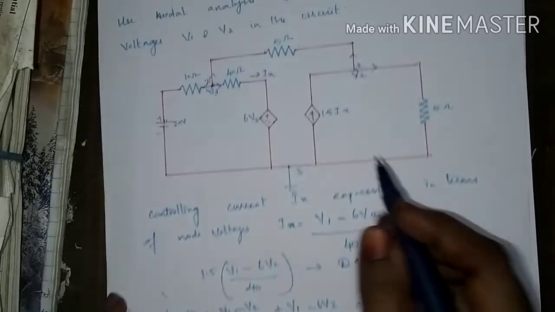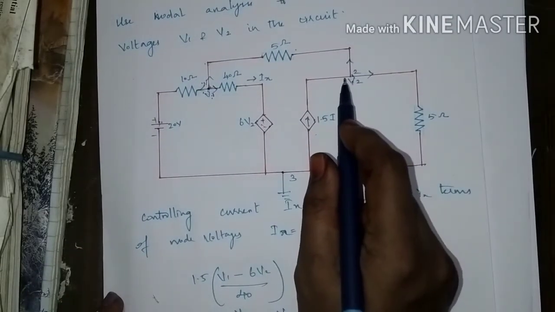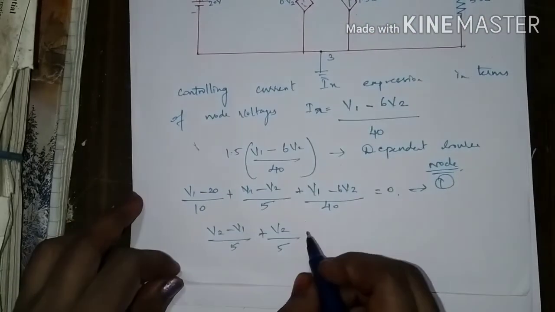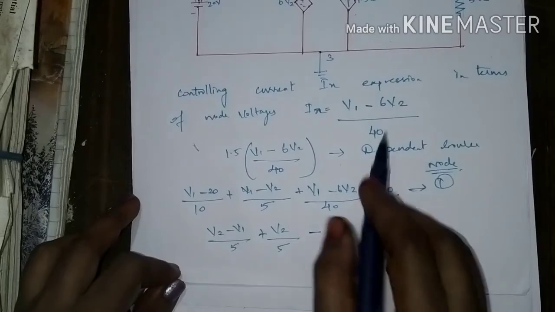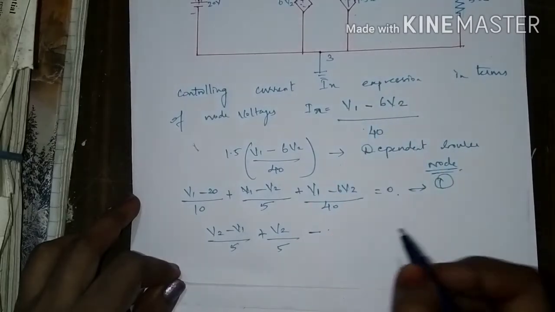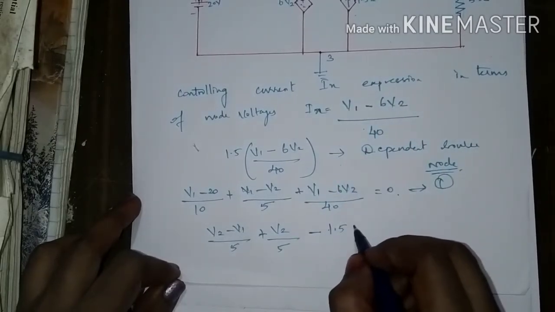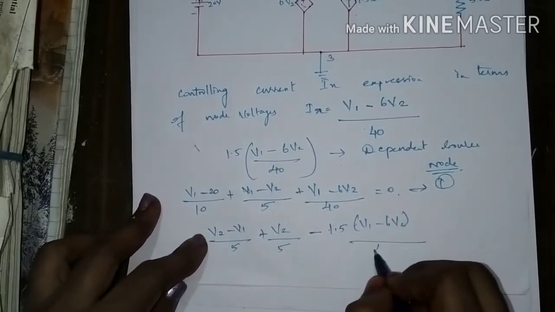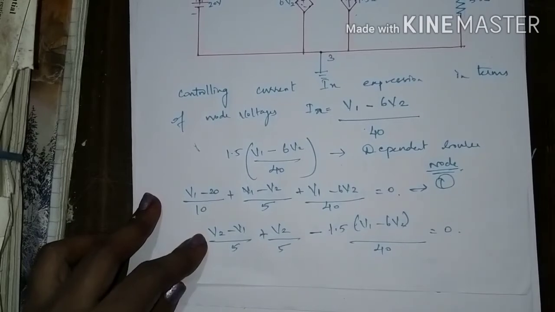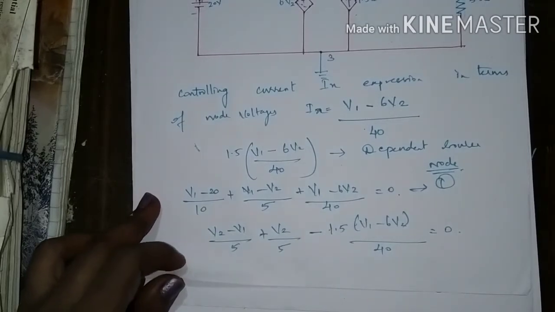This current 1.5 Ix is incoming, and incoming current is represented as negative. So minus 1.5 Ix, where the value of Ix is V1 minus 6 V2 by 40. So minus 1.5 into V1 minus 6 V2 divided by 40 is equal to 0. This is the equation.